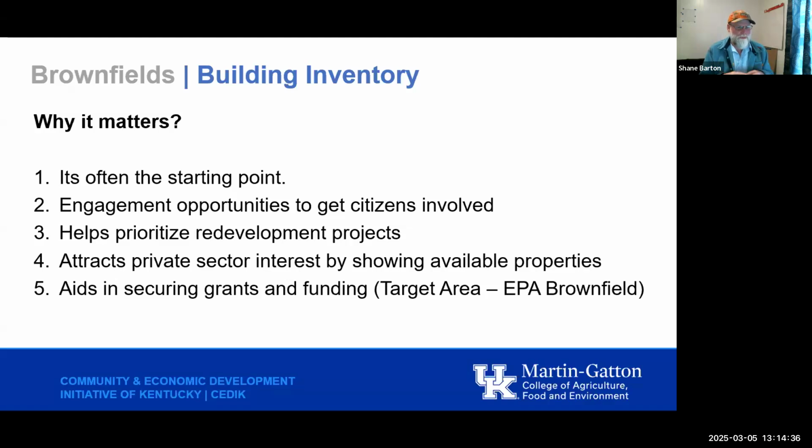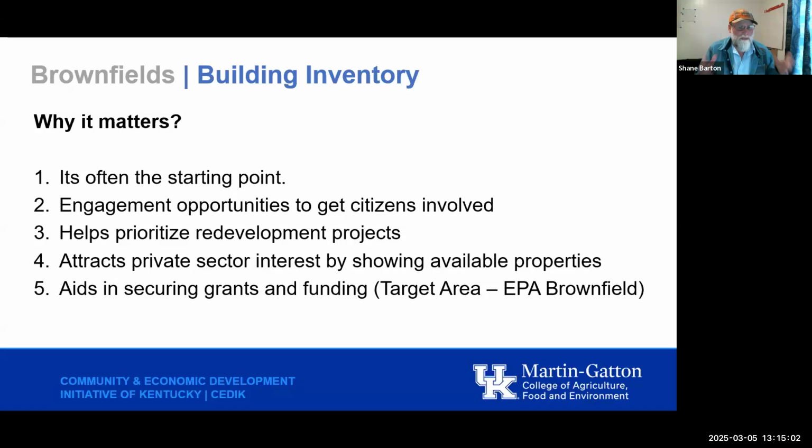And all of those sorts of tangential conversations really provide us engagement opportunities to get citizens involved, because every one of the answers to the questions I just shared impact the residents in that community. So beginning with a building inventory often provides us an opportunity to get citizens or other stakeholders involved.